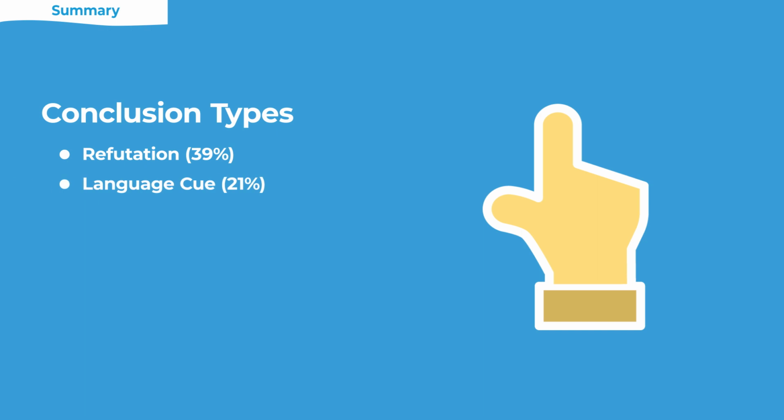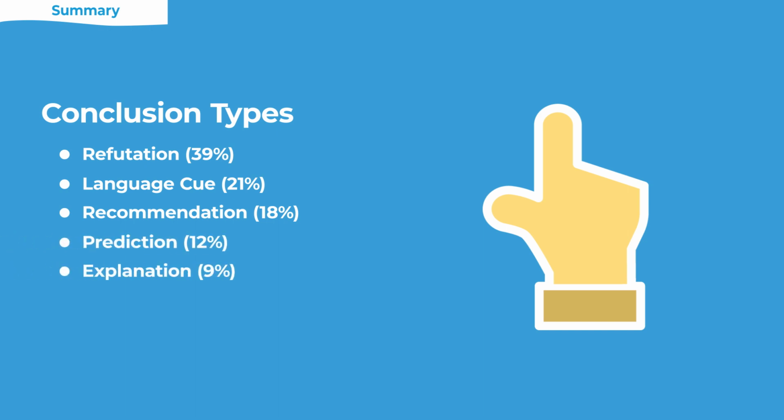Words like since and because introduce evidence, and so you can see what is being supported from that claim, pointing you to the conclusion. Or words like therefore and so and hence, they're introducing the conclusion directly. The conclusion represents a recommendation in 18% of main conclusion questions. The conclusion represents a prediction in 12% of main conclusion questions and an explanation in 9%.